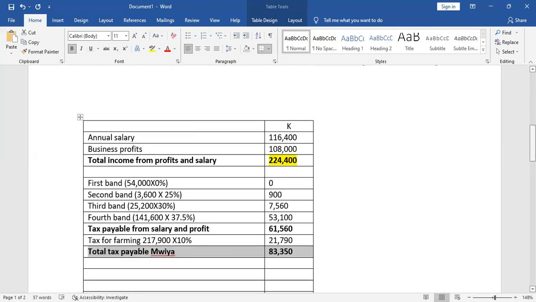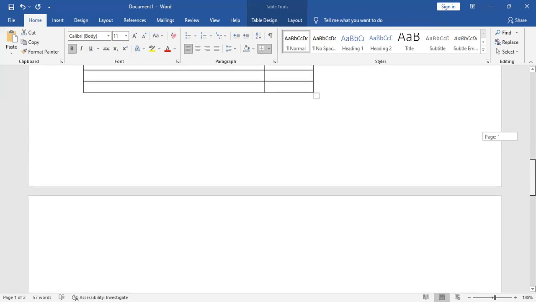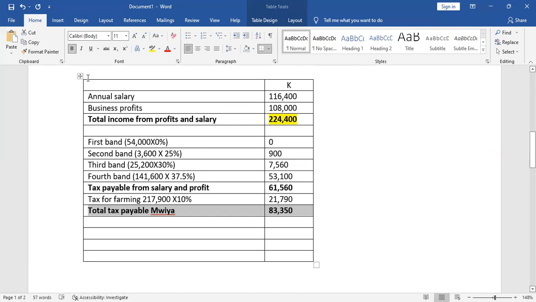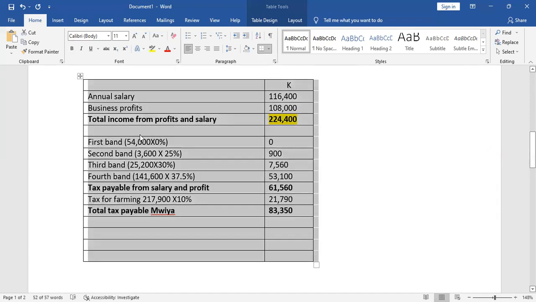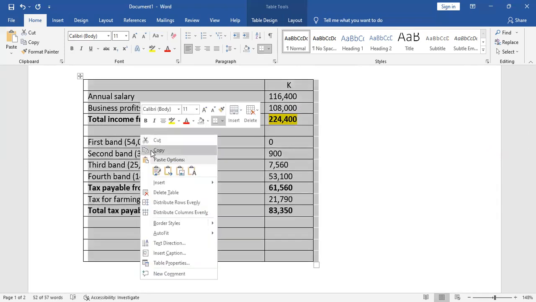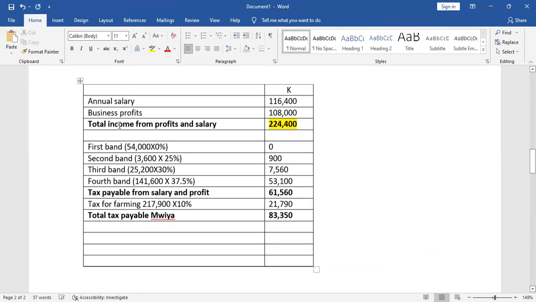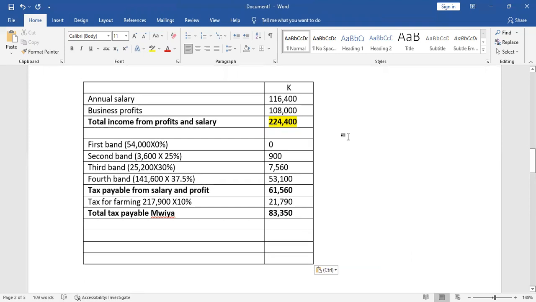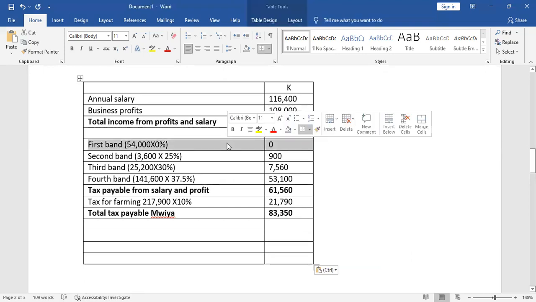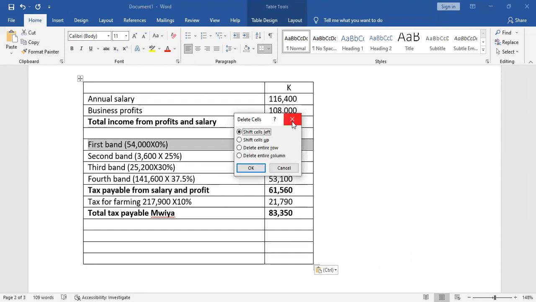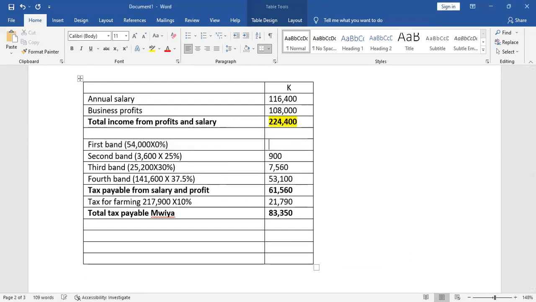I want to echo something. People think maybe when we calculate that way, we are violating anything. You're not violating anything. Let me copy this because I want to explain something. You might take a different approach where you don't include the band for 0 here, meaning the 54,000 is tax-free.